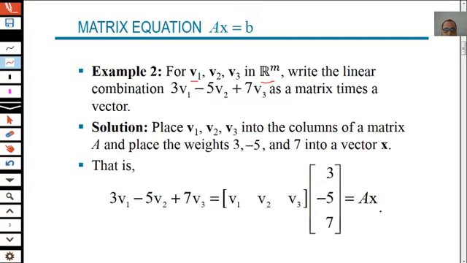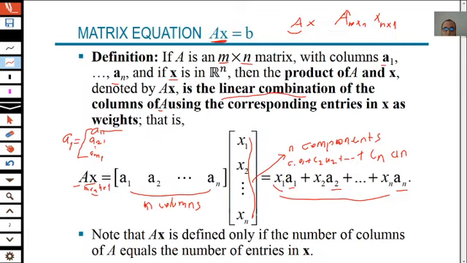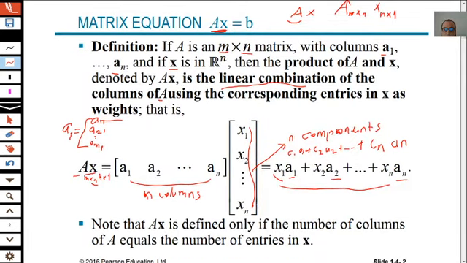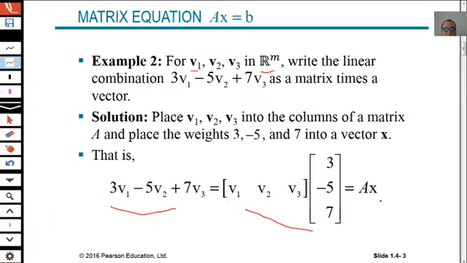In other words, using the definition, we have the right side of the equality, and using the given information we can obtain the left side. The columns of the matrix will be the vectors v1, v2, v3, and the entries in x will be the weights of the linear combination, which are 3, minus 5 and 7.